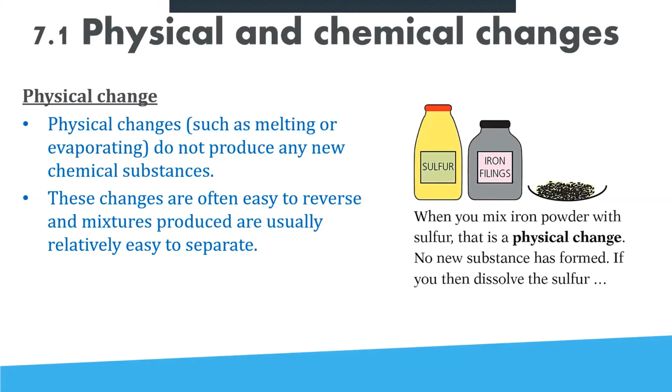When you mix the iron powder with the sulfur, there is a physical change. There is no new substance formed. Iron sulfide is not formed, right? They just mix together. If no new substance is formed, means that they are not dissolving, right?